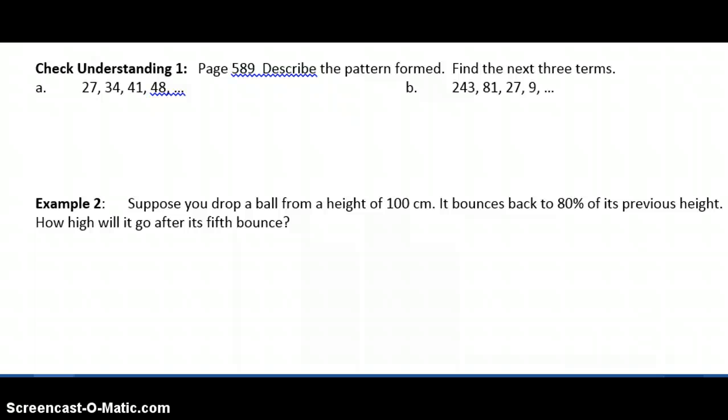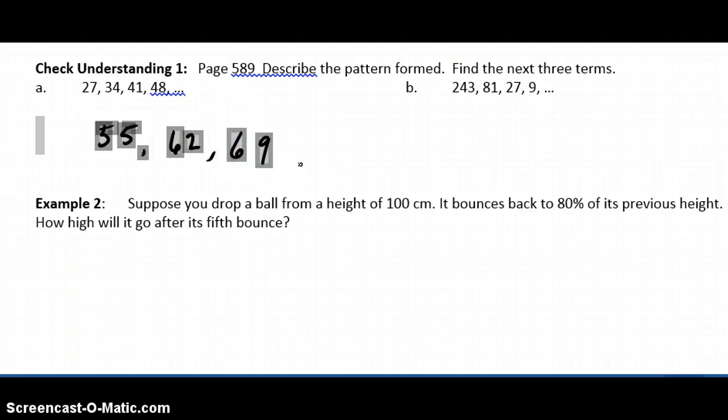So I hope you have paused and completed this problem for check understanding. The next 3 terms for check understanding 1A would simply be found by adding 7 to each one. I've got 55, 7 added to that would be 62, and 7 to that would be 69.